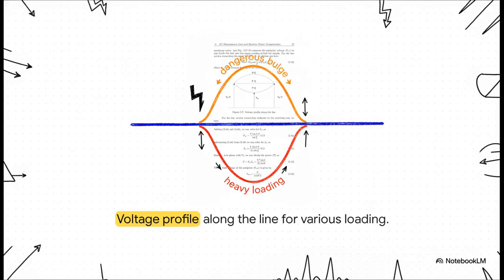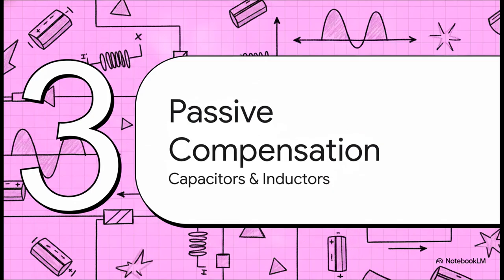Notice that dramatic sag in the bottom curve, where P is greater than Pn? The voltage drops severely right at the midpoint, Vm. Now, flip that around. Look at the top curve during light loading, where P is less than Pn. We get this massive, dangerous bulge of overvoltage peaking right in the middle of the line. If we don't manage this, it'll literally destroy grid equipment. So how do we handle this?